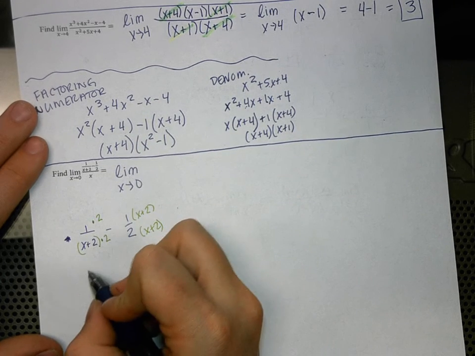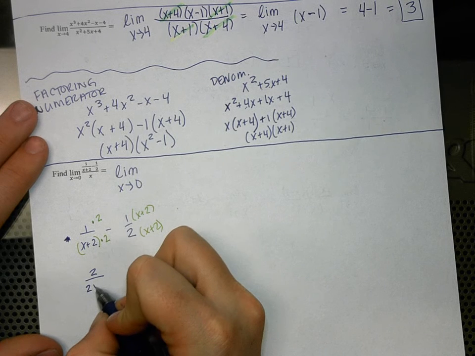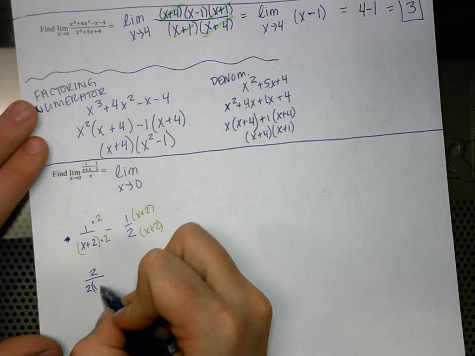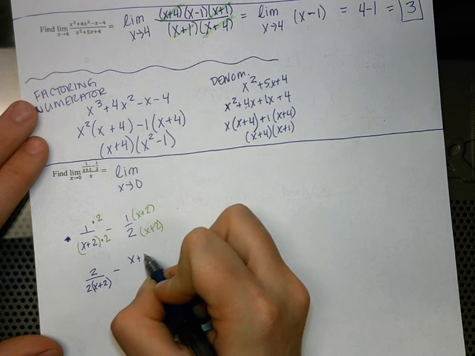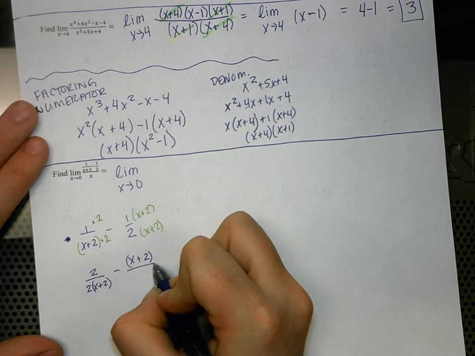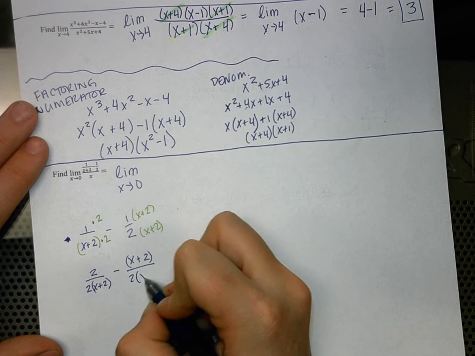So then that gives me 2 over 2 times x plus 2 minus x plus 2 over 2 times x plus 2.